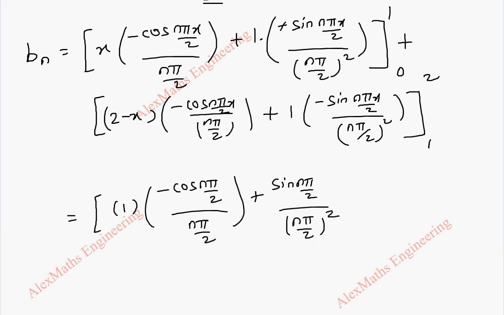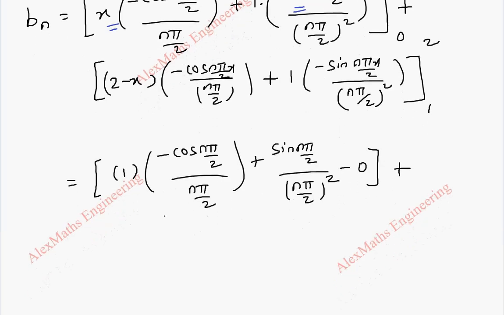When I put the lower limit, because of this x it is 0, because of the sin it is 0. So the value of the lower limit is 0 for the first set of terms. Now for the second set of terms, we have to apply 2. So 2 minus 2 is 0, so the first term is 0. Then when I put 2 here, we get sin n pi, so that is also 0.